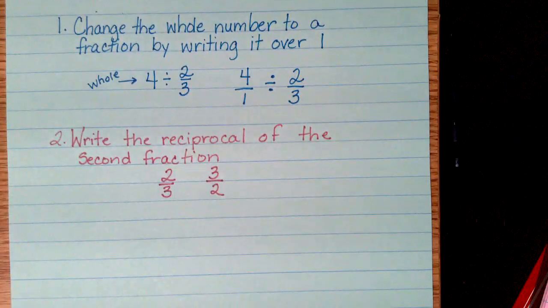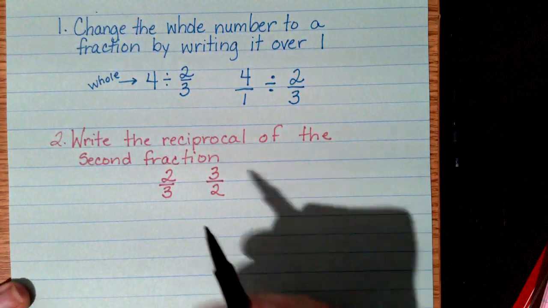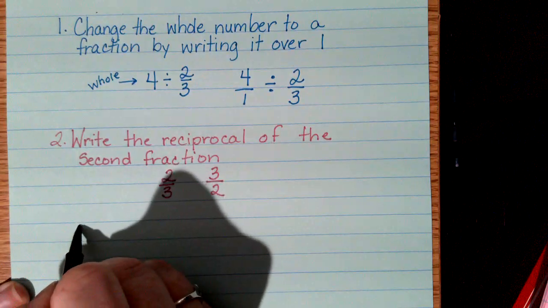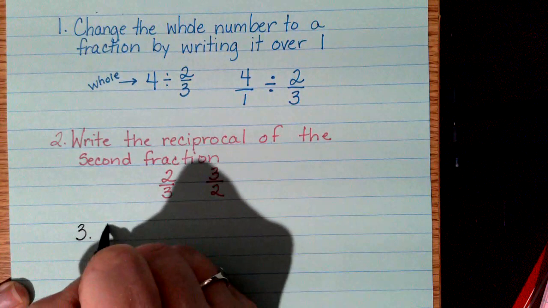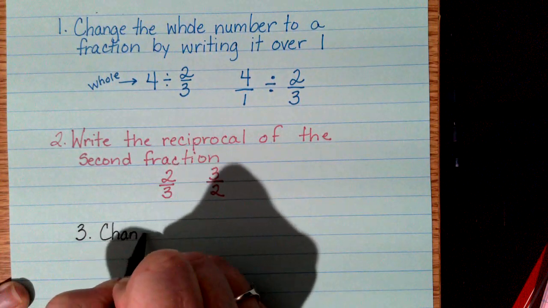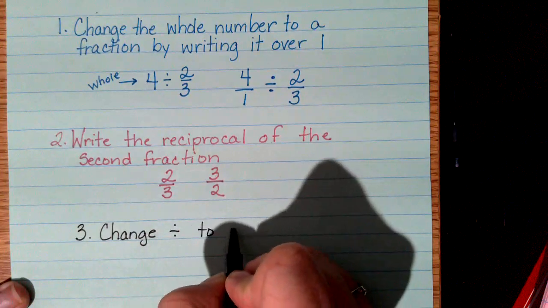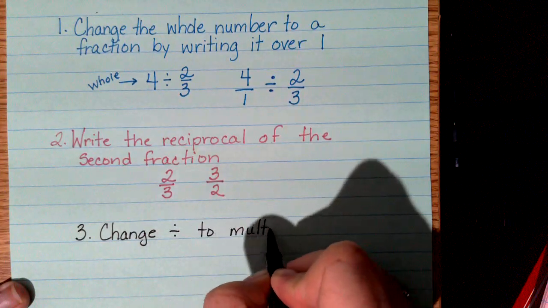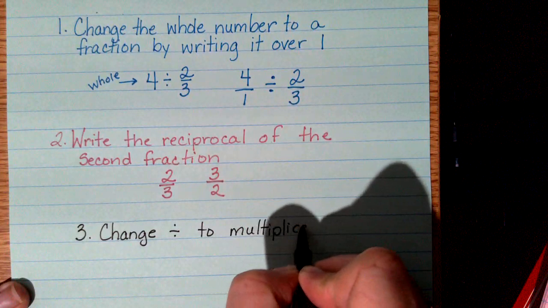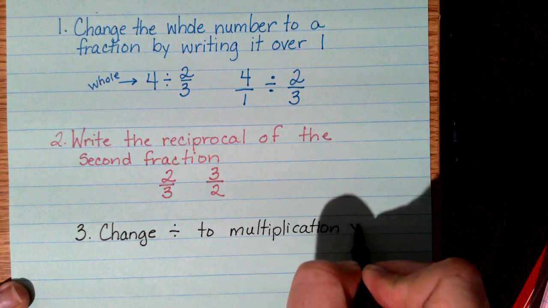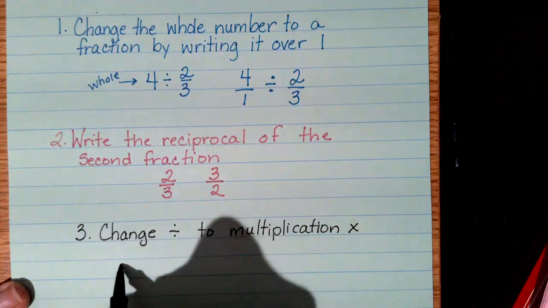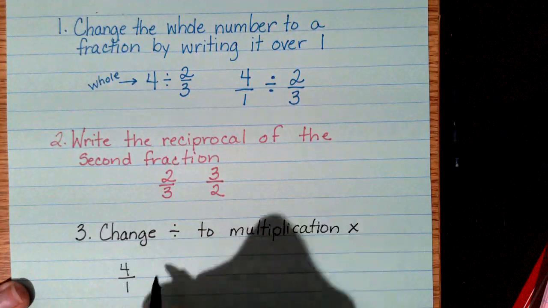Once we do that, the third step is to change the division sign to a multiplication sign. So we had 4 over 1 divided by 2/3.